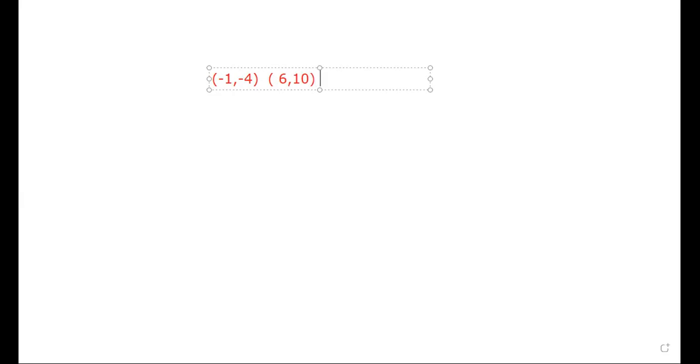He is looking for what? Find the intercepts of the line that contains each pair of points. What's the meaning of intercepts? He's looking for the x-intercept and y-intercept.